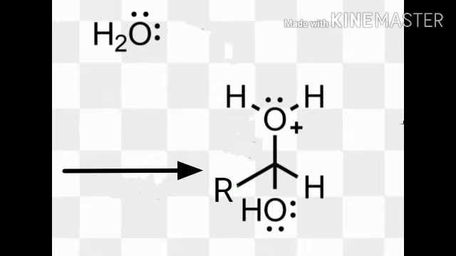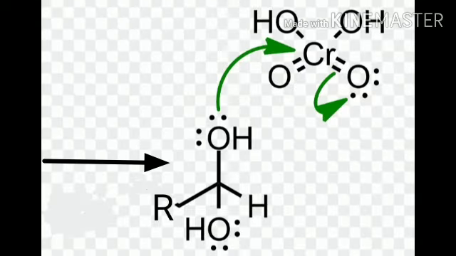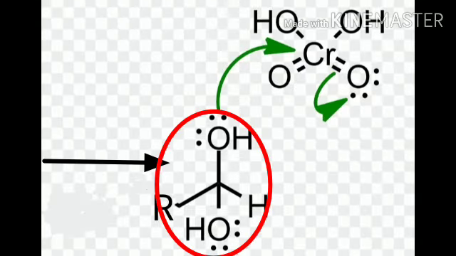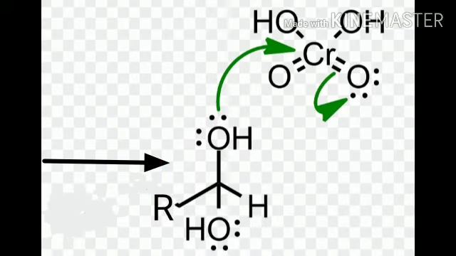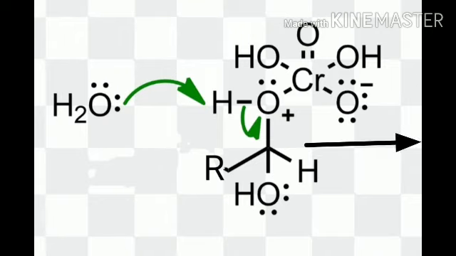So here the further reaction goes in the same way, replacing the carbon-hydrogen bond by the carbon-oxygen bond, as we have seen already. Just continue this reaction until the carbon-hydrogen bond is replaced by the carbon-oxygen bond on the carbon which is directly attached to the oxygen, and we will get the final product as the carboxylic acid.